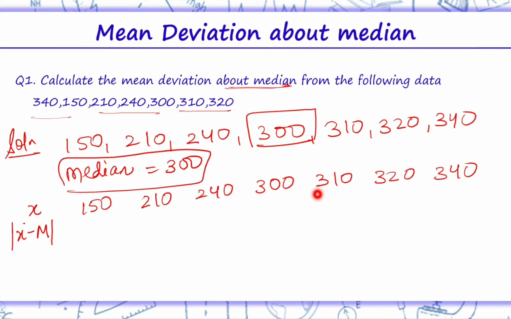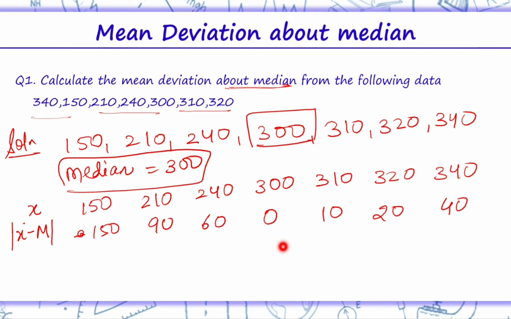Since it is mod, there will be no negative values. 150 minus 300 is 150. Then 210 minus 300, 90. 240 minus 300, 60. 300 minus 300, 0. Then 10, then 20. 340 minus 300 is 40.